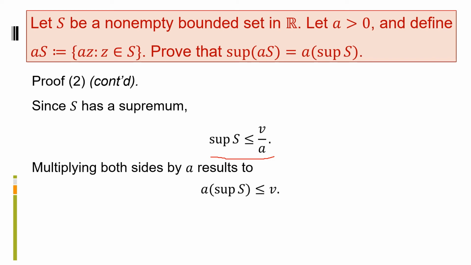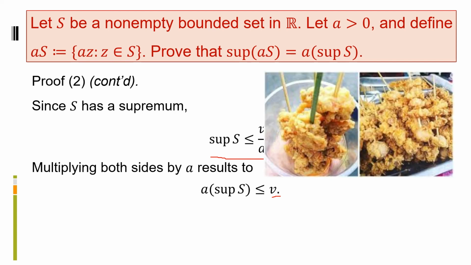Now, since V is an upper bound of AS, di ba sinabi natin kanina dun sa let natin, na V is an upper bound of AS, pwede natin ngayong i-replace si V ng supremum of AS. Nagets nyo ba yon?